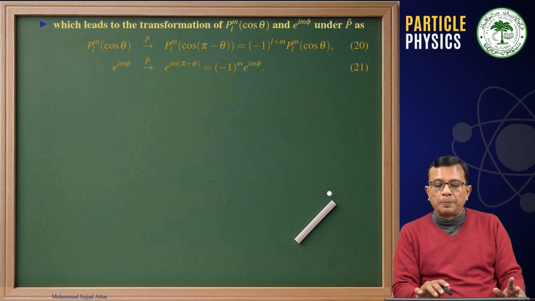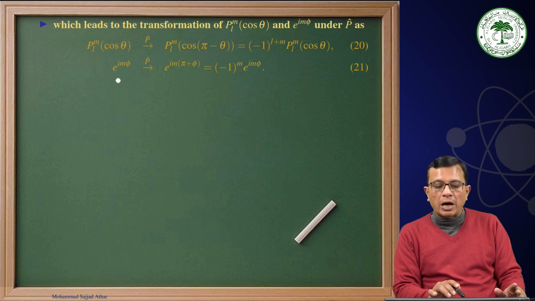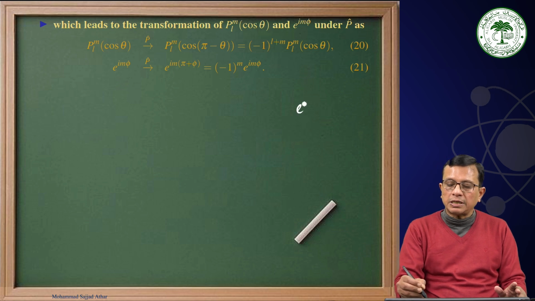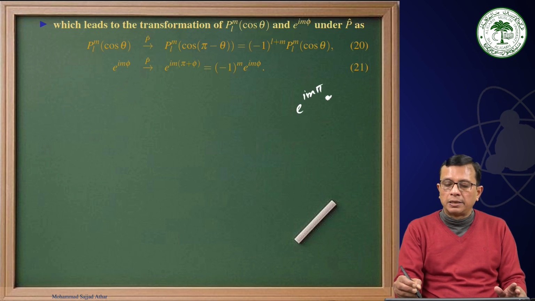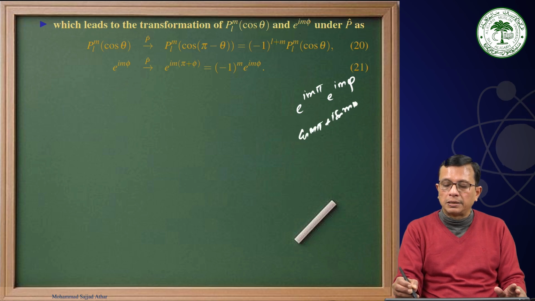Therefore, we have P_lm(cos(pi minus theta)), which is equivalent to minus 1 to the power l plus m times P_lm(cos theta), while e to the power i m phi changes to e to the power i m (pi plus phi), which is e to the power i m pi times e to the power i m phi, and this is cos m pi plus i sin m pi, times e to the power i m phi.